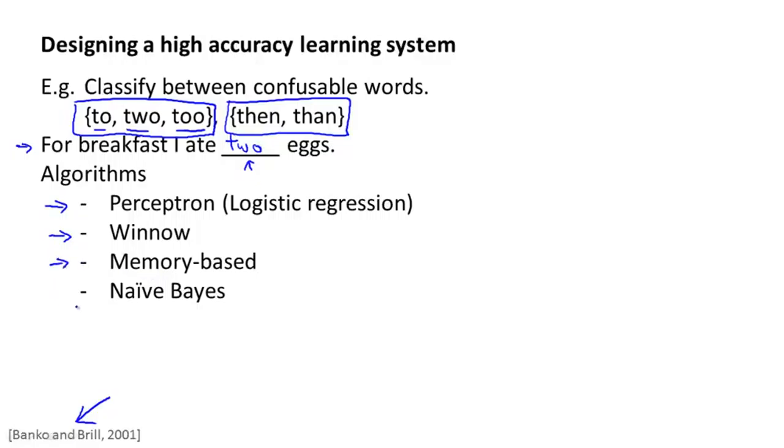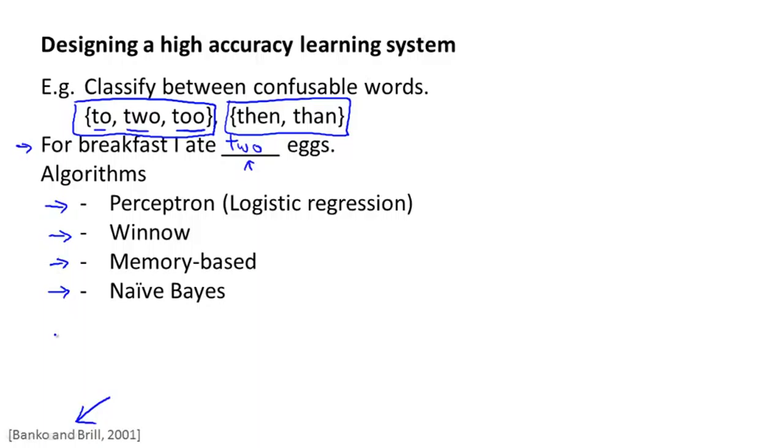Took what's called a memory-based learning algorithm, again used somewhat less now. I'll talk a little bit about that later. And they used the naive Bayes algorithm, which is something that I'll actually talk about in this course. The exact details of these algorithms aren't important. Think of this as just picking 4 different classification algorithms.